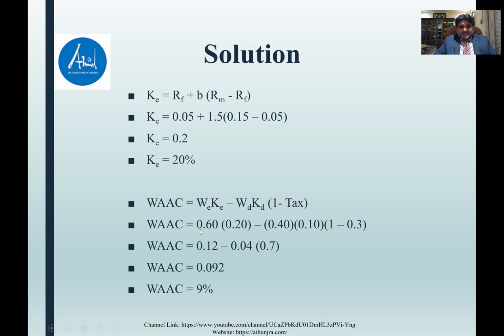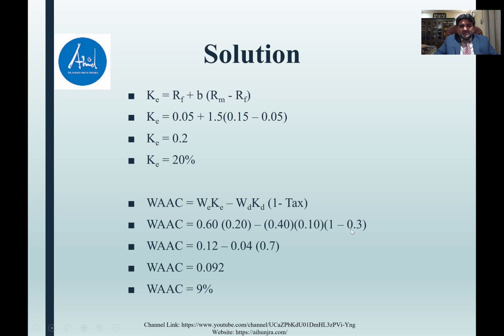So the weight of equity is 0.60. The cost of equity we just calculated from the CAPM, 0.20, plus the weight of debt 0.40, and the cost of debt is 10%, times 1 minus 0.30, where the tax rate is 30%.